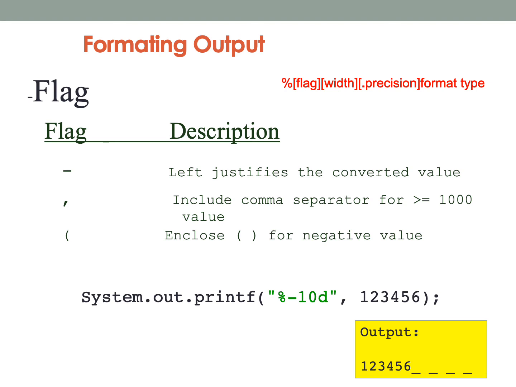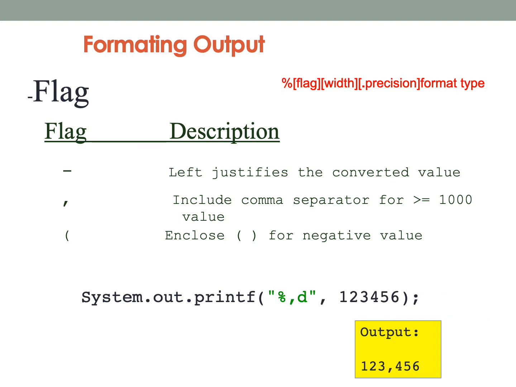So this means the empty spaces will be at the right. If you run this code, it will display 123456, and you would have 4 spaces after it, because 123456 only takes 6 spaces, so we are left with 4 empty spaces.